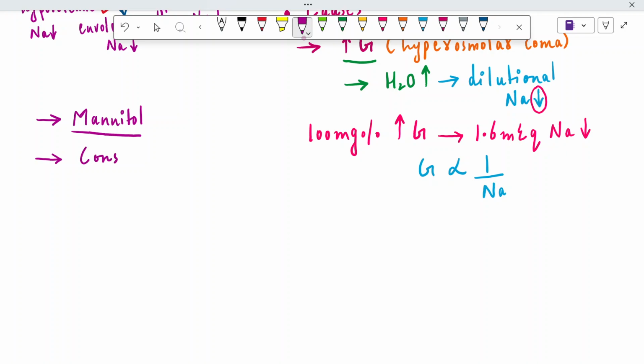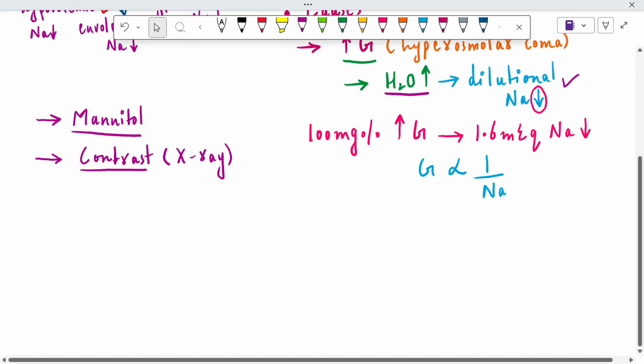The radio contrast. For example, barium is used as radio contrast for X-ray, right? So mannitol and radio contrast are both osmotically active substances, and the pathophysiology is the same. They will attract the water and it will lead to dilutional hyponatremia.